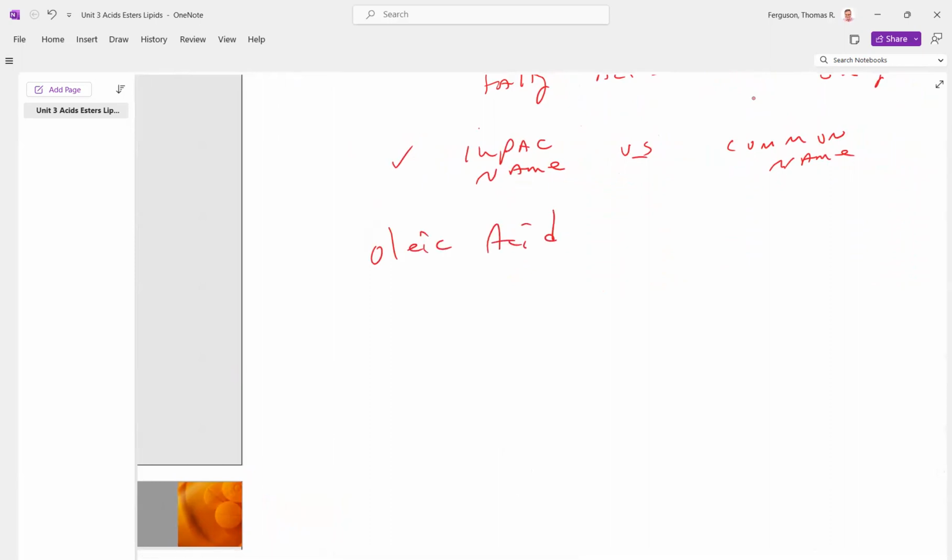Oleic acid is considered the healthy fat, part of the Mediterranean diet. There's a lot of current research going on regarding fats, and there are good fats and bad fats. The good fats are single double-bonded fats like oleic acid.